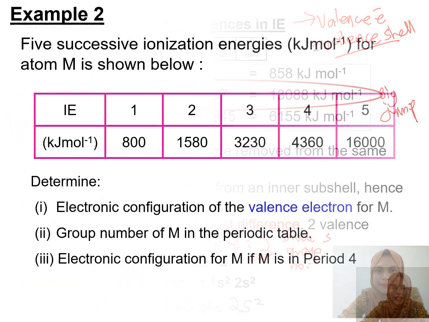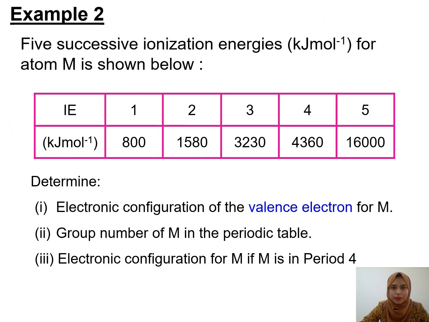Okay, let's look at example yang kedua pula. Okay, example yang kedua ada 5 successive ionization energy as shown. Alright, lepas tu determine the electronic configuration of the valence electron for M. Okay, and then determine the group number of M in the periodic table, and M is in period yang kedua.